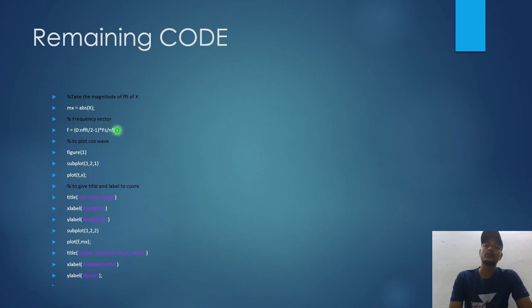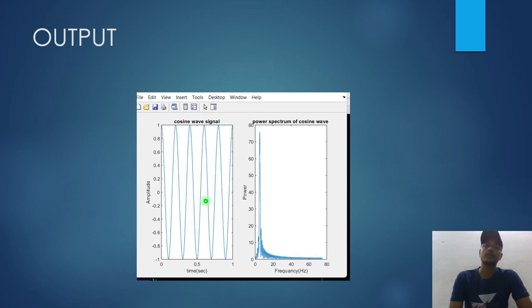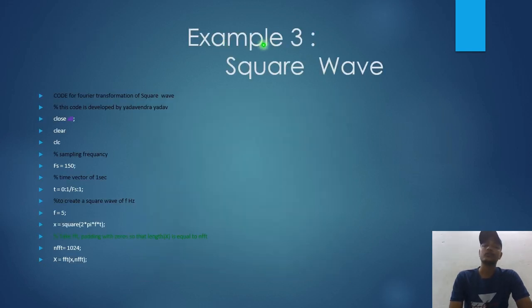Now we implement a frequency vector, and plot the cos wave, figure 1, subplot 1 by 2, 1, plot t of x. Then we give the title and labels of the curve. Title cos wave signal, x label time in seconds, y label amplitude, subplot 1 by 2, 2, plot f of mx. Title power spectrum, x label frequency, y label power. This is the output we get for the cos wave. This is the cos wave signal, and this is its Fourier transformation.